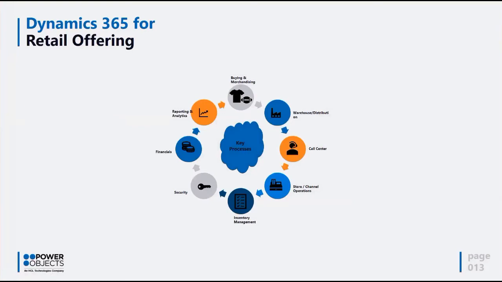The D365 module also has call center functionality, store channel operations, inventory management, security, financials, and then reporting and analytics. And all of those different areas are comprised within the retail module, and it is fully integrated into D365.